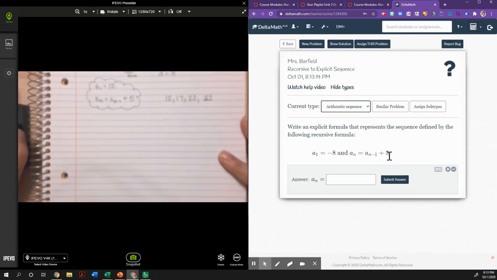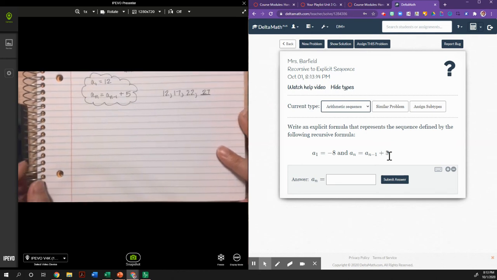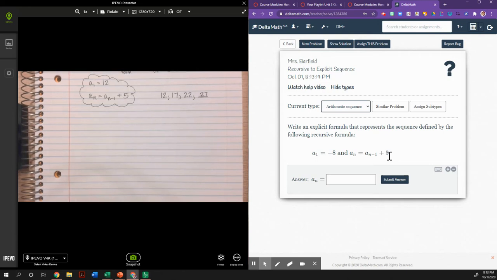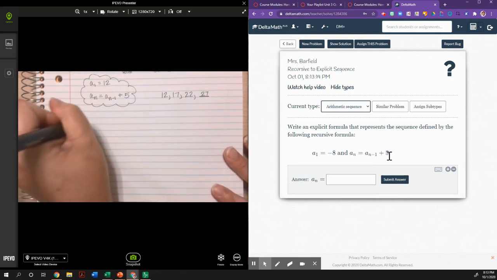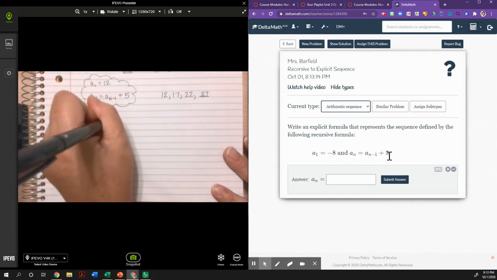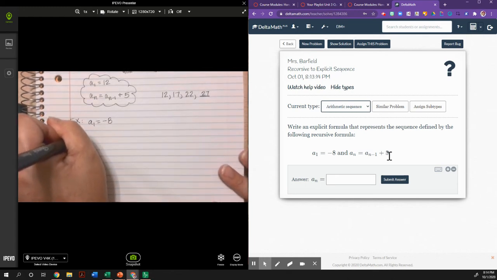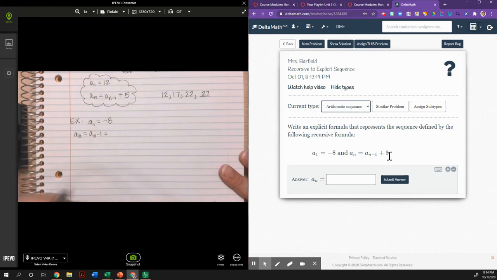Let's get this lined up better. I know that the first term is negative 8, and a sub n equals a sub n minus 1 plus 5.